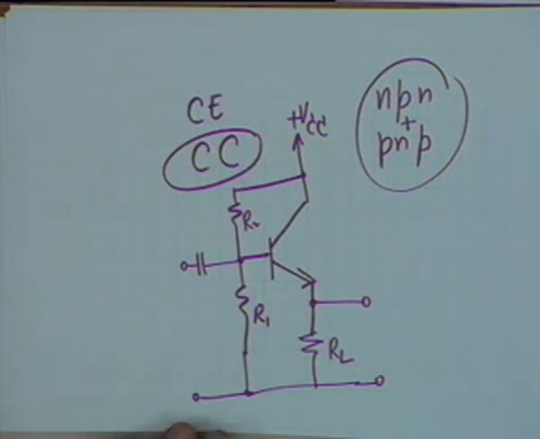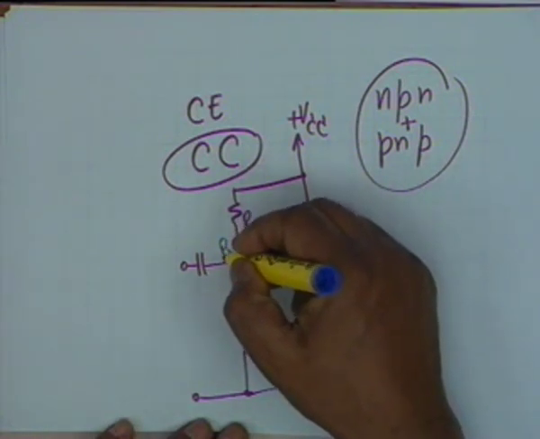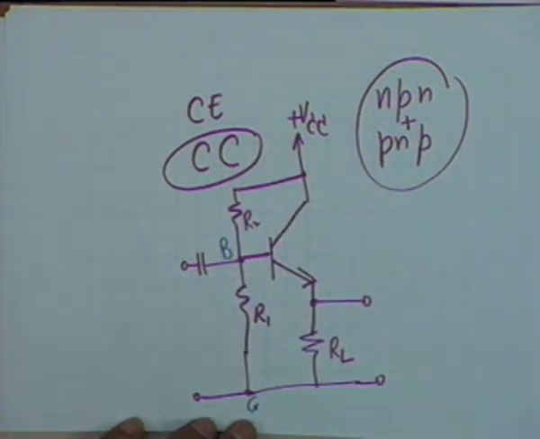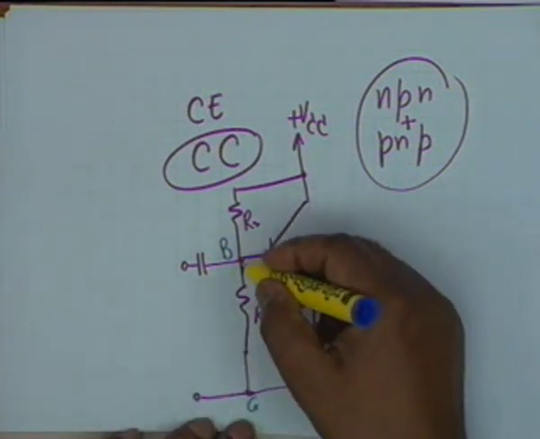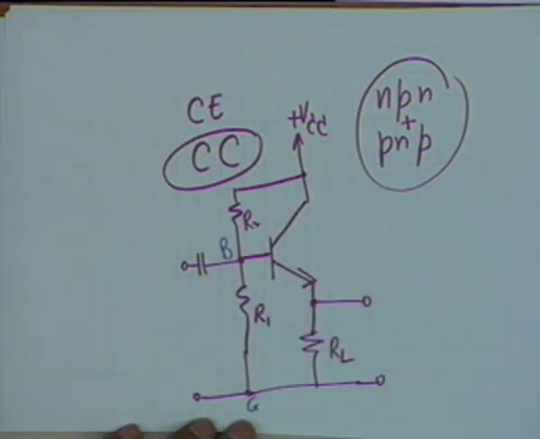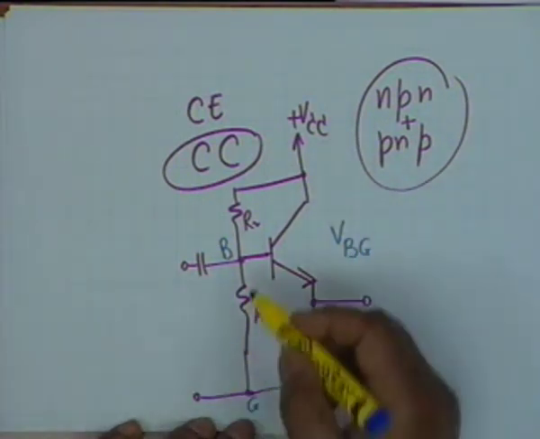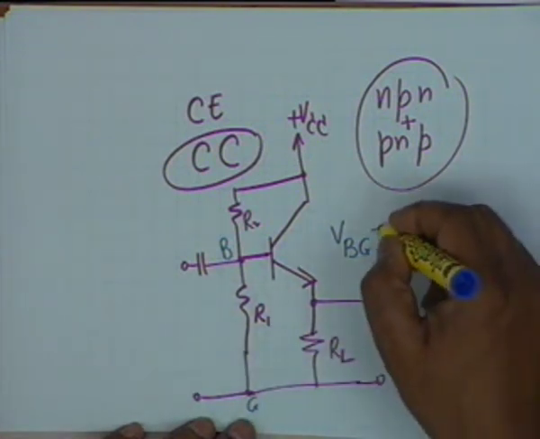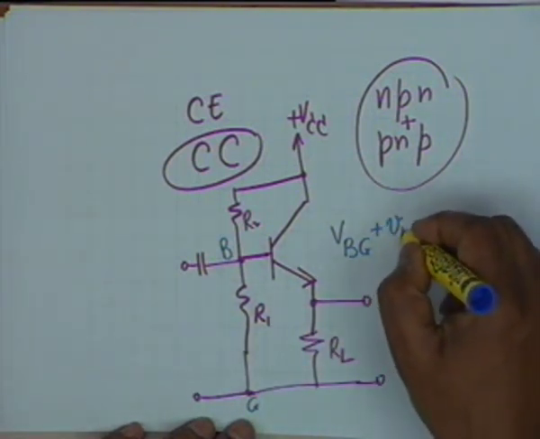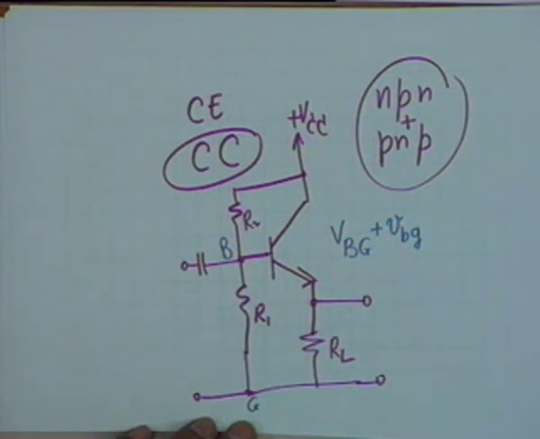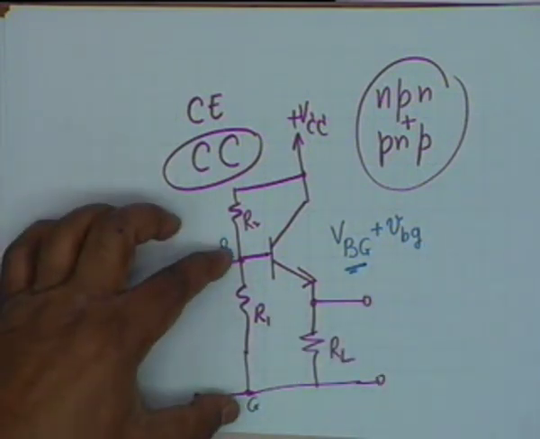Now if you take the voltage between B and G, if we call this as ground, if you take the voltage between B and G, V B G is the DC part of this voltage, and there is an AC part also, let us say small v sub small b small g. This is the DC part and this is the AC part. Alright. This voltage has two components.